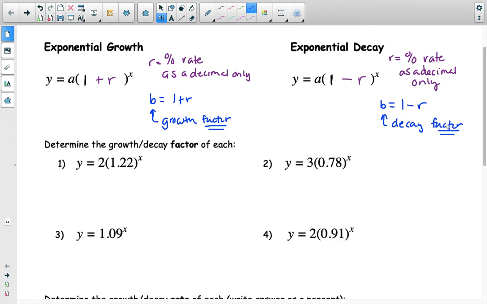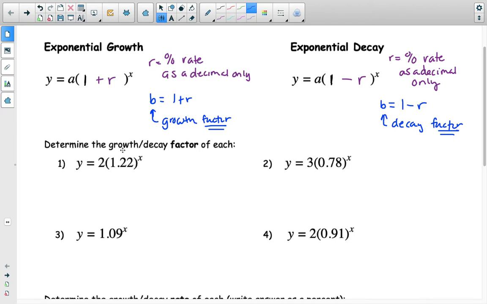We need the factor to determine what we're multiplying by each time. But if we're given the rate, we can find the growth or decay factor. And that's what we're going to do. So these first questions say determine the growth or decay factor of each. The factor is the number inside the parentheses. That's the exact number we want.